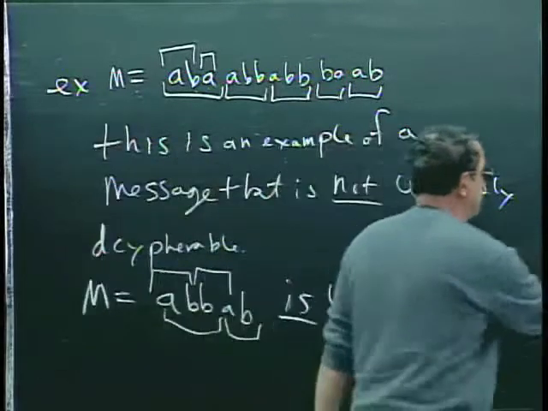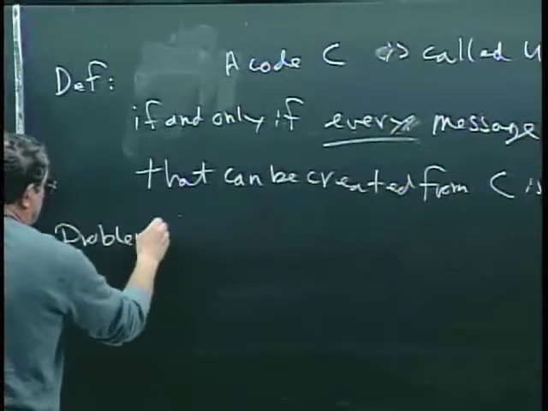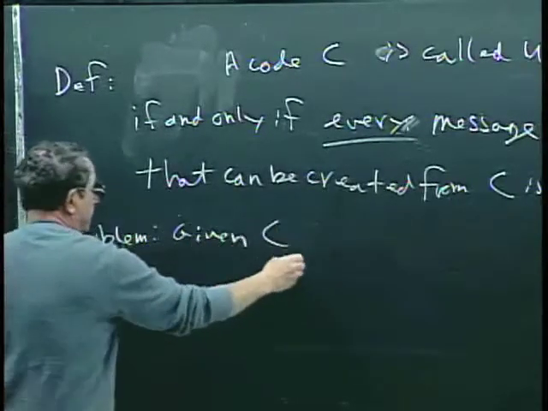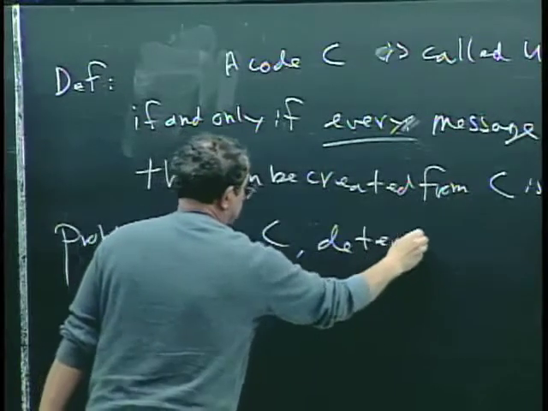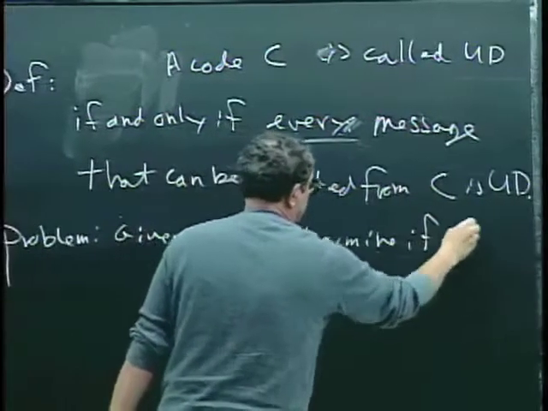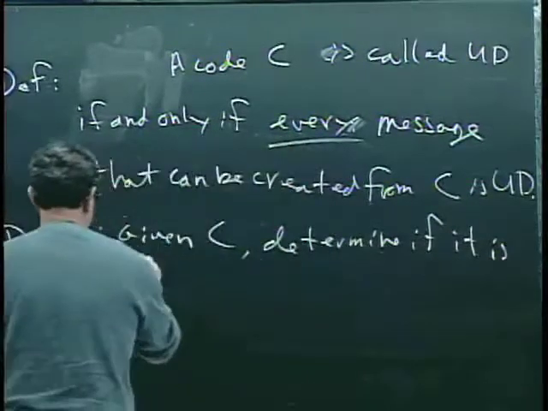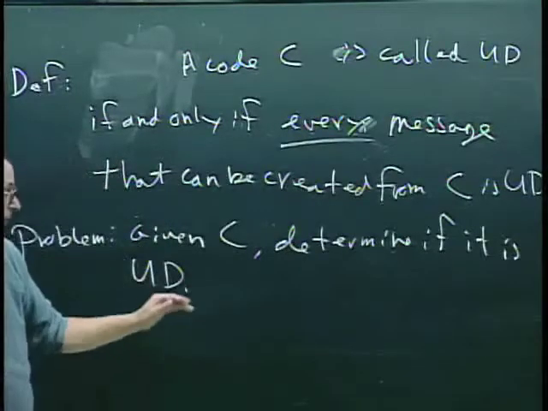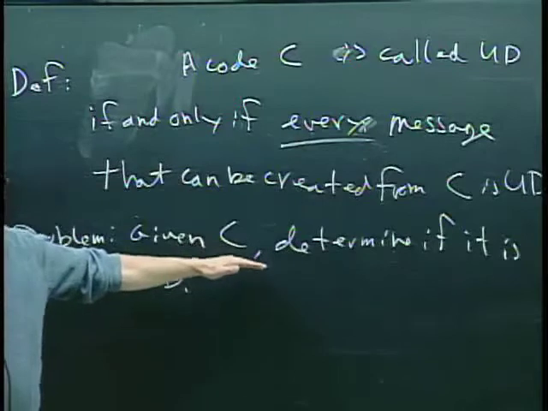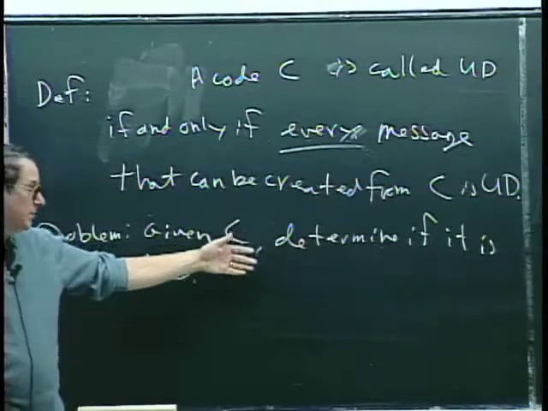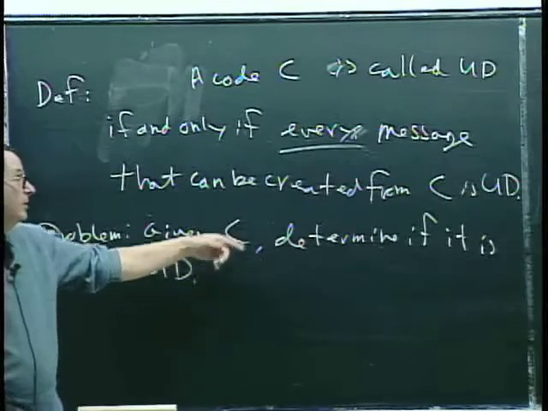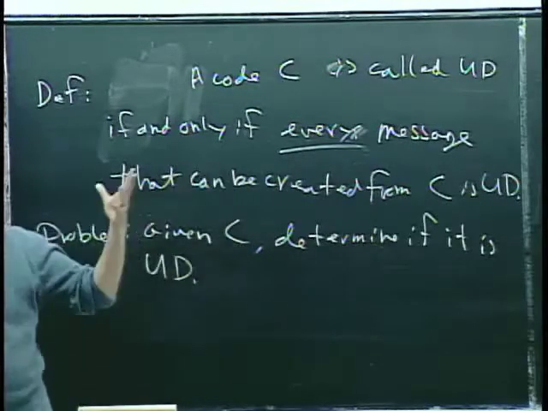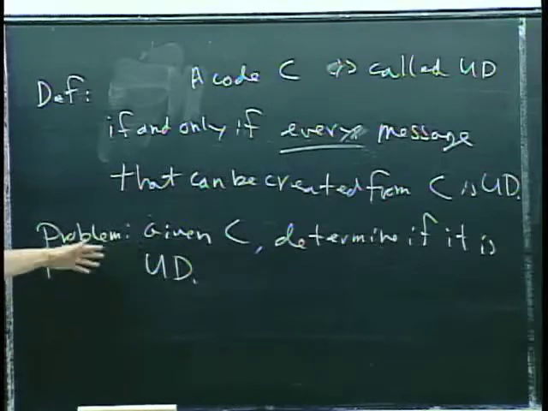Now a problem. Given a code, determine if it is uniquely decipherable. Of course, when we say determine in this class, we mean come up with an algorithm that can always determine whether the code is uniquely decipherable. And of course, we want something efficient. If you take the most brute force approach, you might think about generating all possible messages.